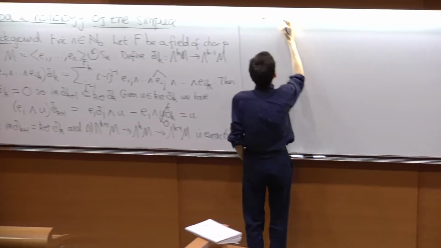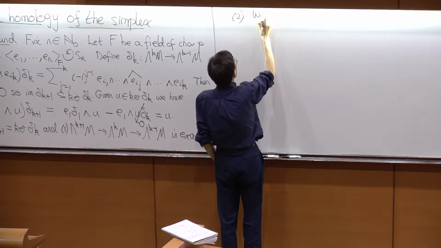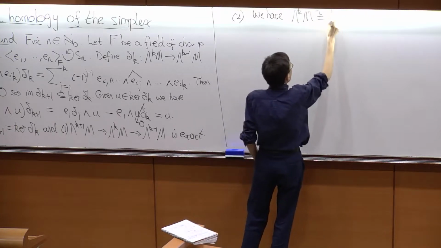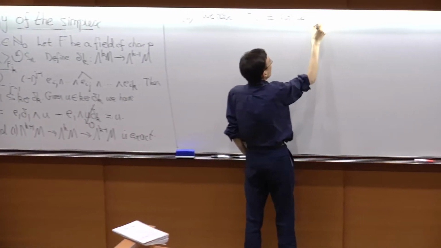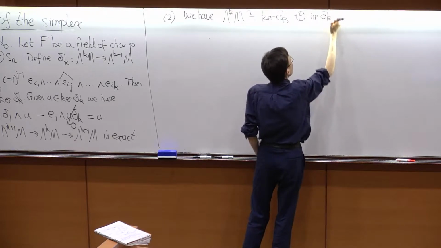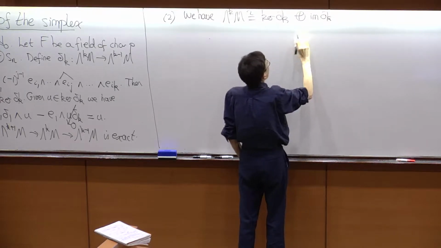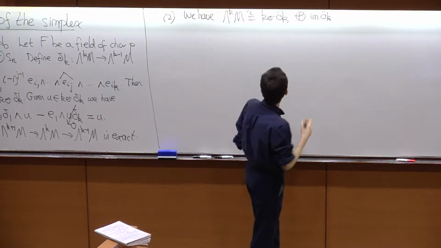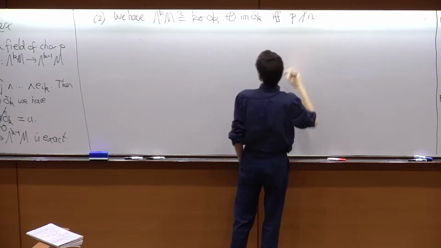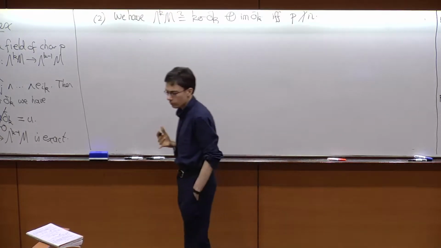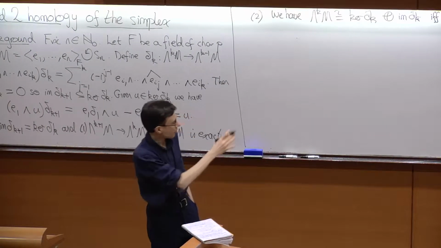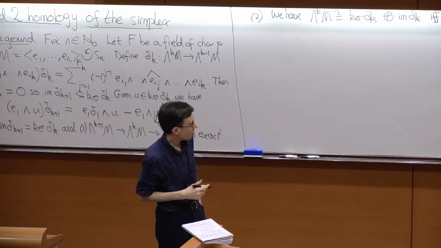And one can show that we have wedge k M is isomorphic to the kernel of delta k, and then the image as a complement, something isomorphic to the image of delta k, if and only if p does not divide n. But in general, it's not split. And you can see an example there for p is 2.